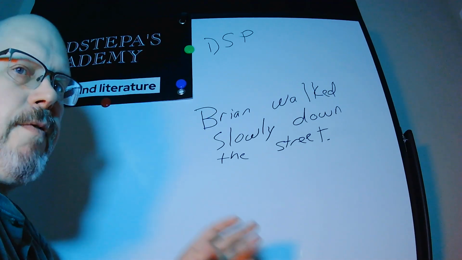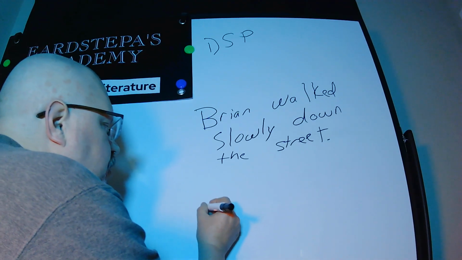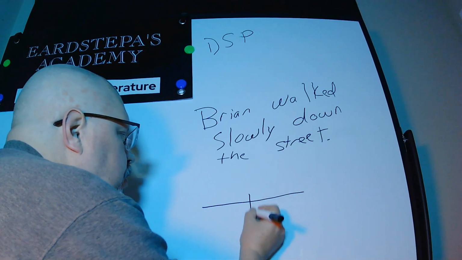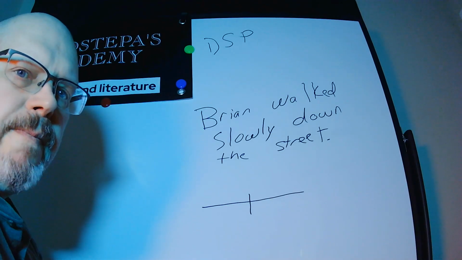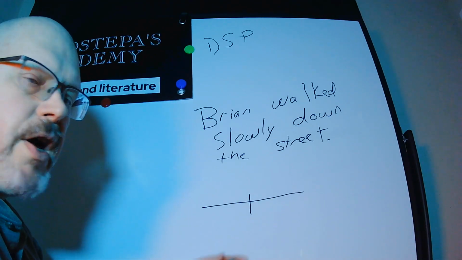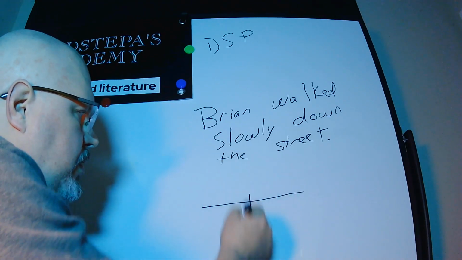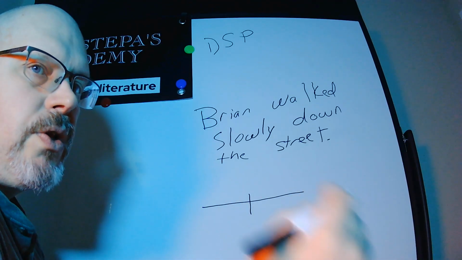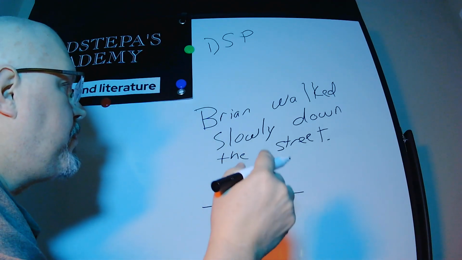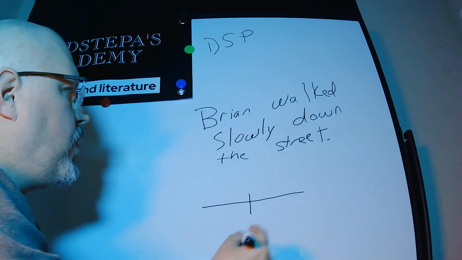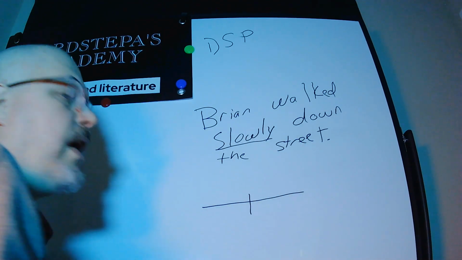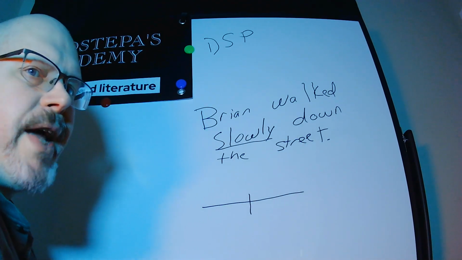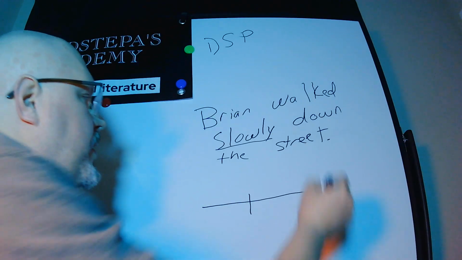So when you're looking for the subject and predicate, you always start the same way. You draw your two lines like that, your horizontal line, and then cut it in half with the small vertical line. And before we look for the subject and predicate, we can think about what we can ignore. Well, slowly is an adverb, which means it will not be the subject or the predicate.